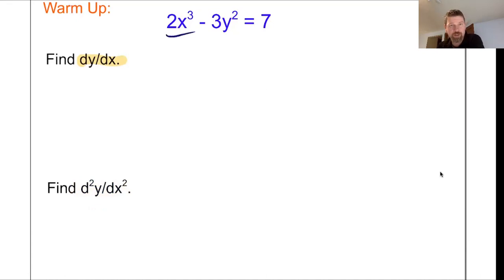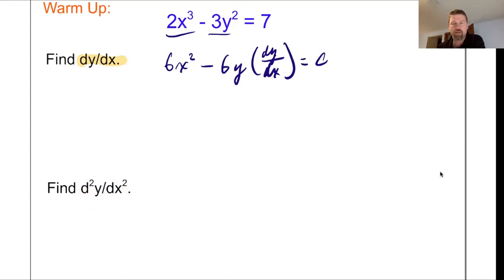Derivative of 2x cubed would be 6x squared, minus derivative of 3y squared would be 6y times the derivative of the inside, dy/dx, equals derivative of 7 is 0. All right, I wanted to find dy/dx, so get dy/dx by itself.